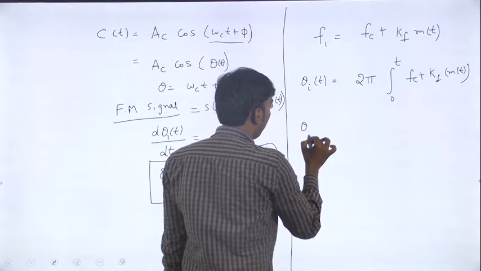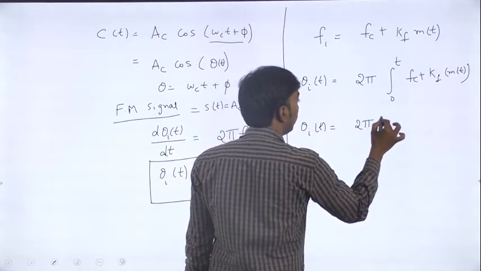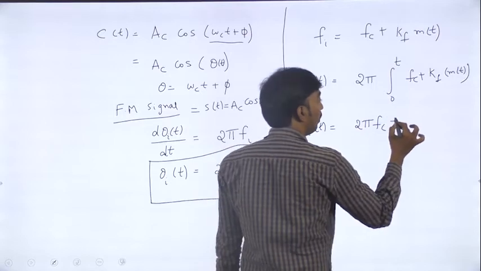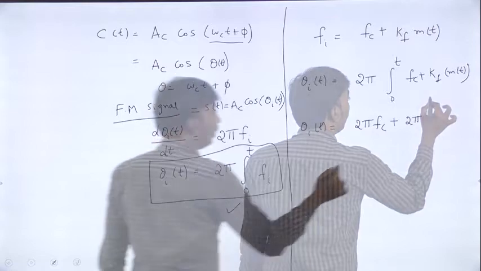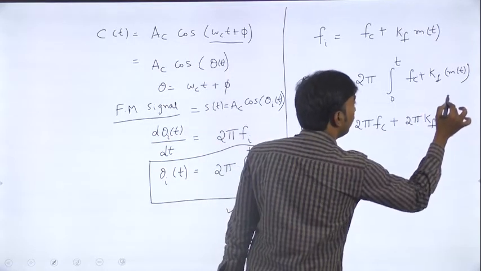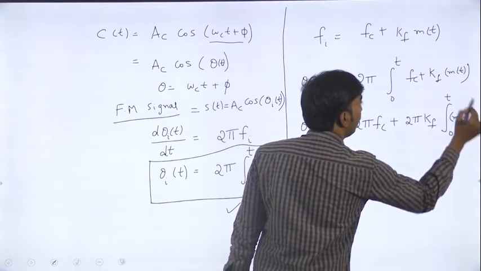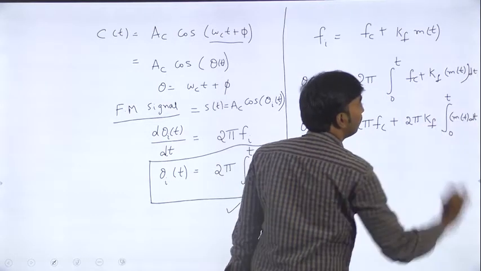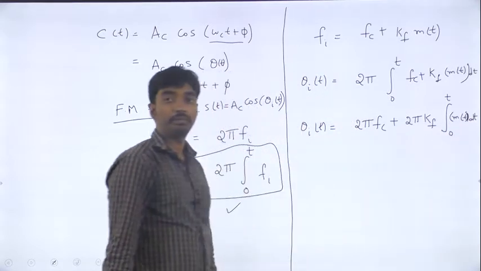Now taking out the constants, this is 2 pi Fc plus 2 pi into Kf times the integral of only the message signal m of t dt. That's it.